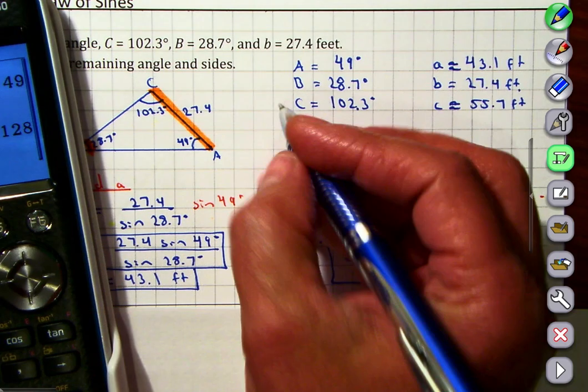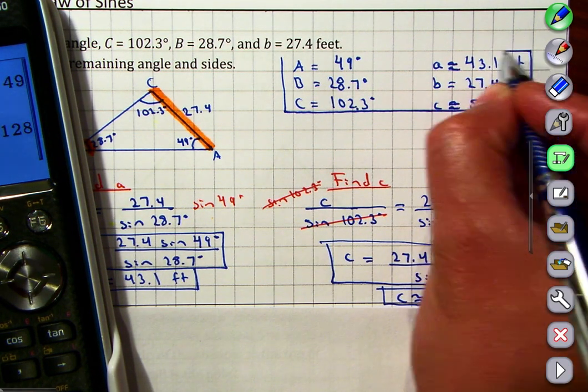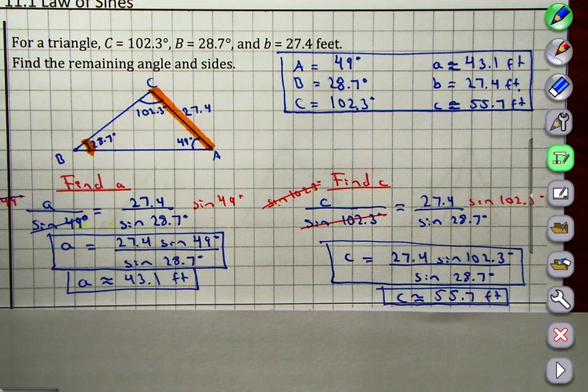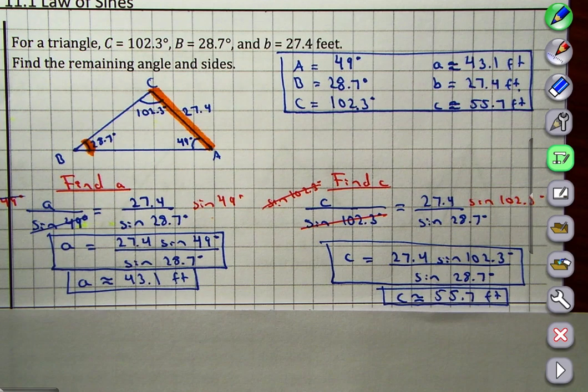But one of the key things they need to remember is that whenever you are using your law of sines, you must have an angle and the opposite side.